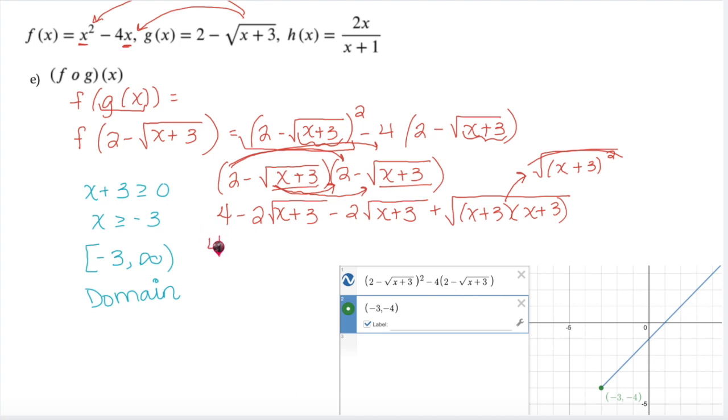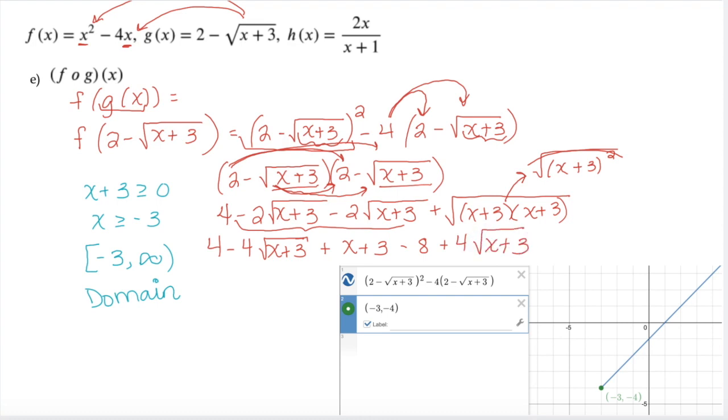So I have 4 minus, combining like terms, 4 square roots of x plus 3 plus x plus 3 when we simplified the left-hand side. Now I'm going to add to this the distribution of -4 times 2, or -8, and +4 square roots x plus 3.